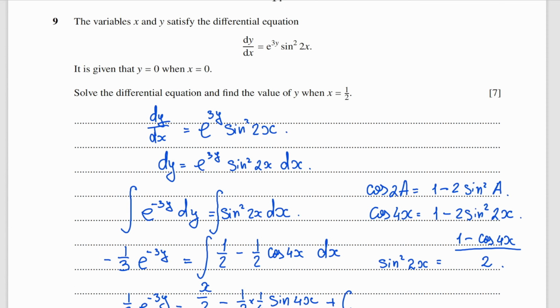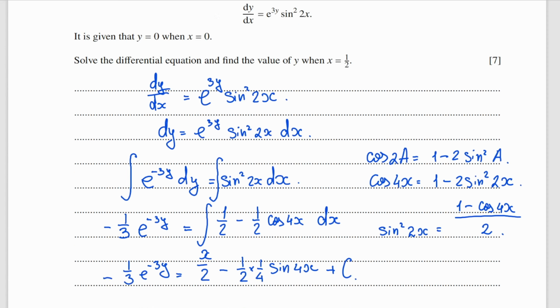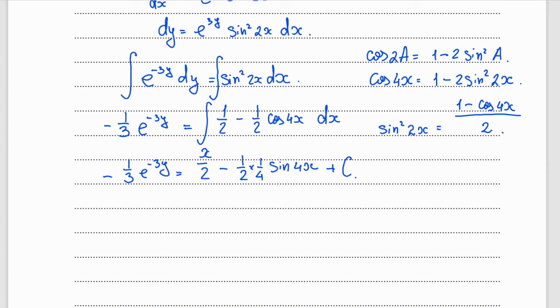Now, we're given that y equals 0 when x is 0, and that will help us to find c. On the right-hand side, everything equals 0 apart from c. So that means c equals minus 1 over 3.